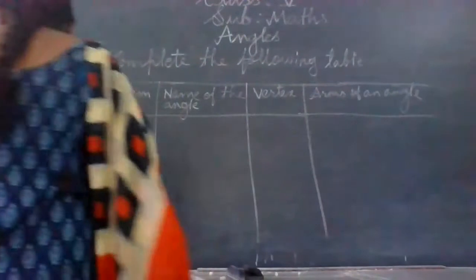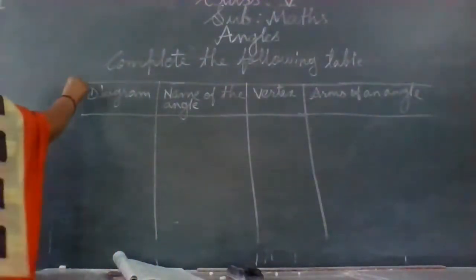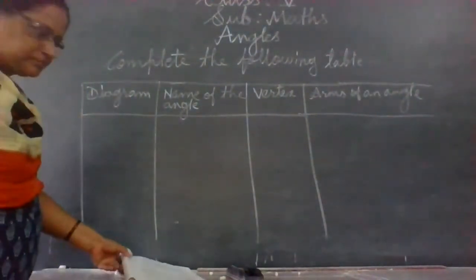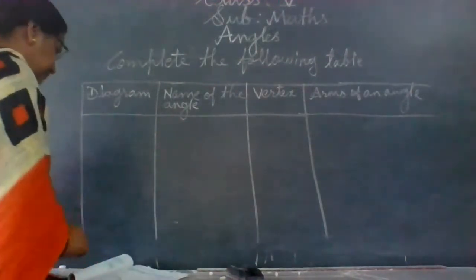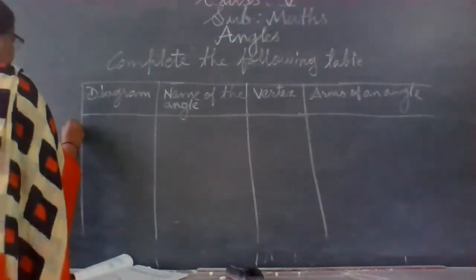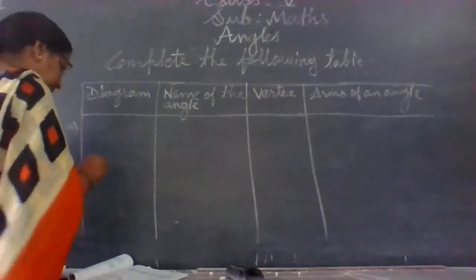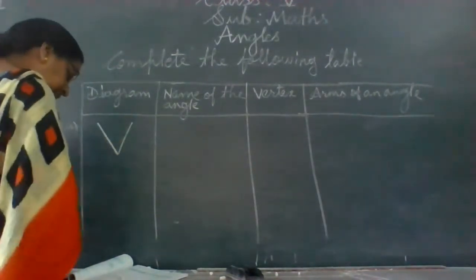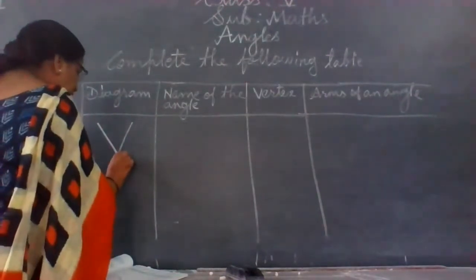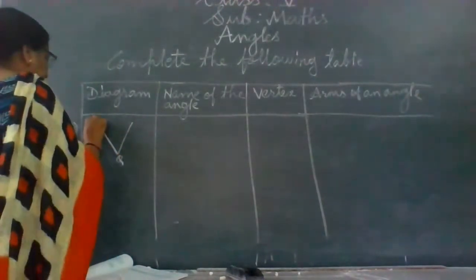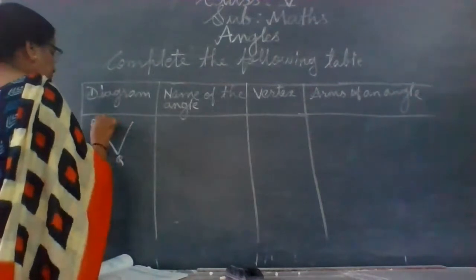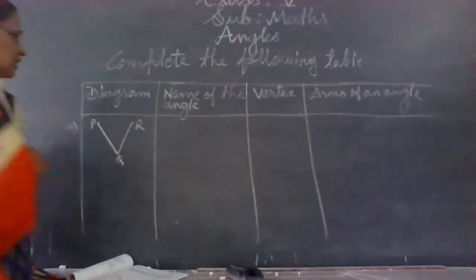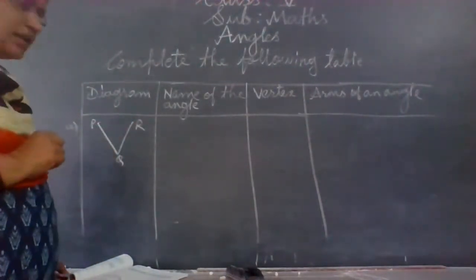So let's see the first. Here is Q, P, and this point is R. So how will you write the name of the angle?